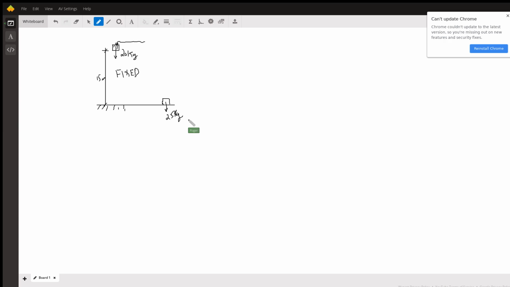So when the bucket was lifted, there's work being exerted or work being done on this bucket in order for it to lift it up. So the work that you have here is you have two types of works.